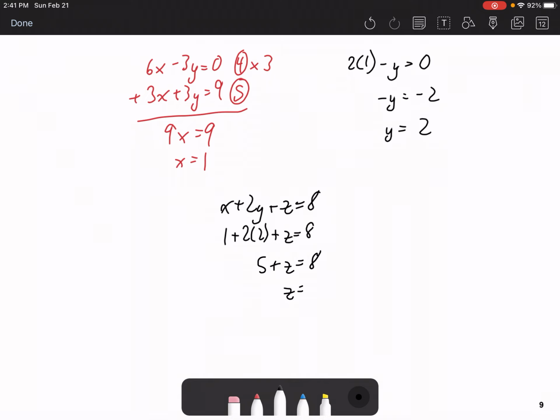So z equals 3. So there you go. There's my point of intersection. It's 1, 2, 3.